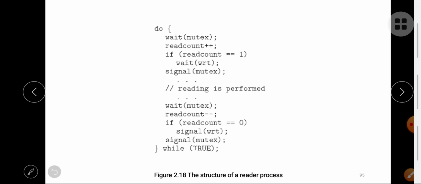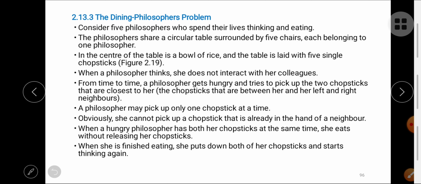Okay, so the next problem is a very interesting problem, the dining philosophers problem. Just imagine that there is a dining table with 5 chairs and five members sitting on those chairs, and 5 plates are kept on the table, but just beside each plate there are only chopsticks.